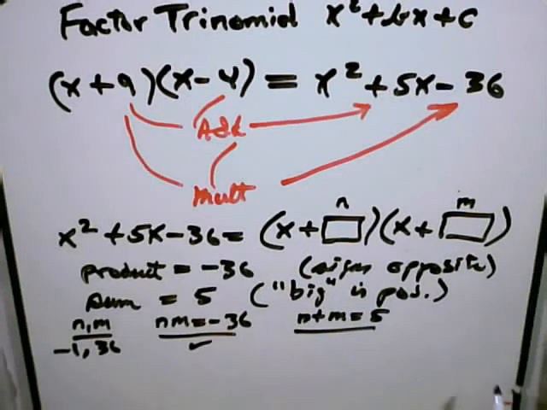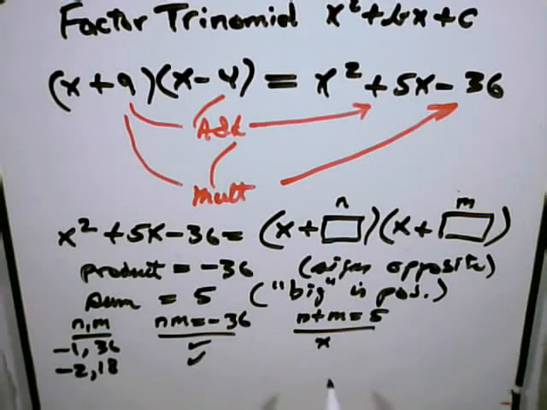That certainly multiplies together to get negative 36, doesn't it? But they don't add together to get 5. Negative 2 and 18 still doesn't work, does it? Negative 3 and 12, no, they don't add together to get 5 either, do they?